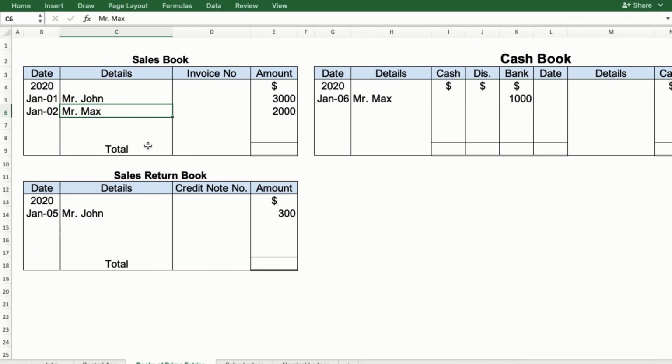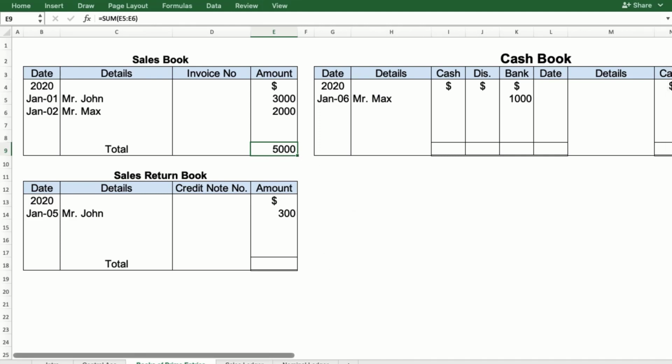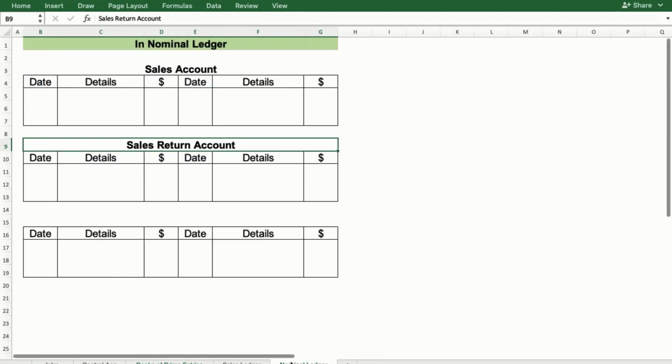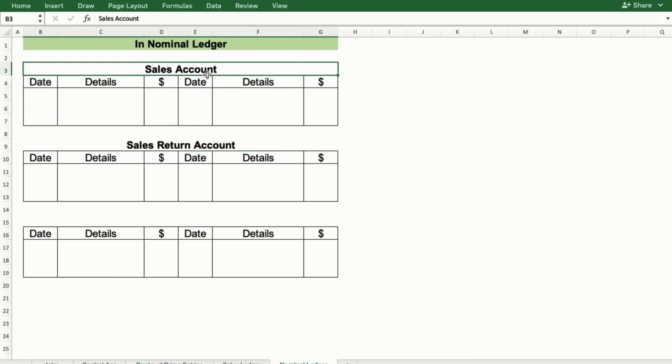Now the next posting will be in the sales account. So let me make the total of the sales book. The total of the sales book is $5,000. And with this total, now we will make posting in the sales account, which is in the nominal ledger. Sale is revenue. As we sold goods, of course there is an increase in revenue. So increase in revenue, credit. So in the nominal ledger, in the sales account, we will make posting on the credit side.